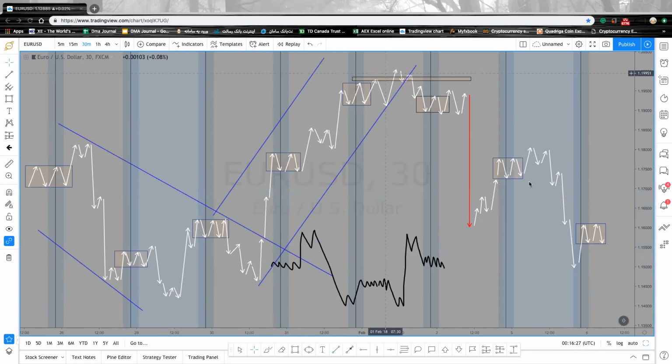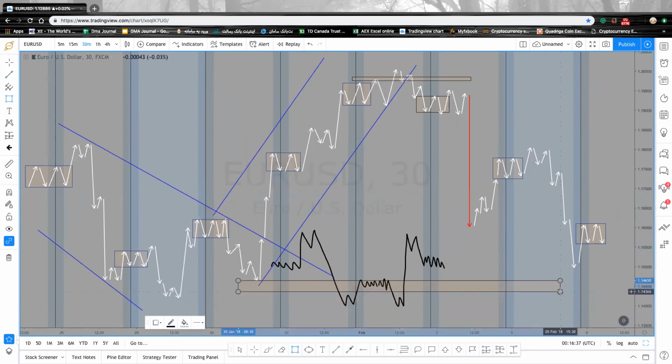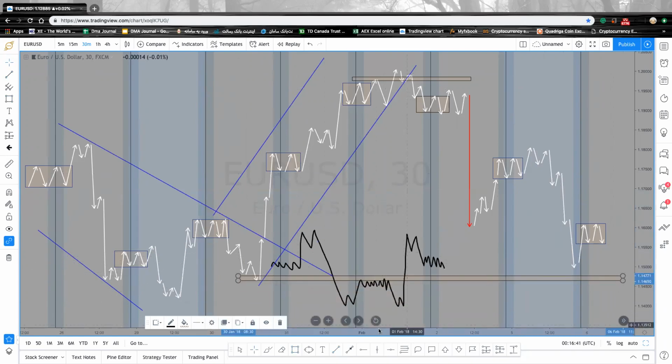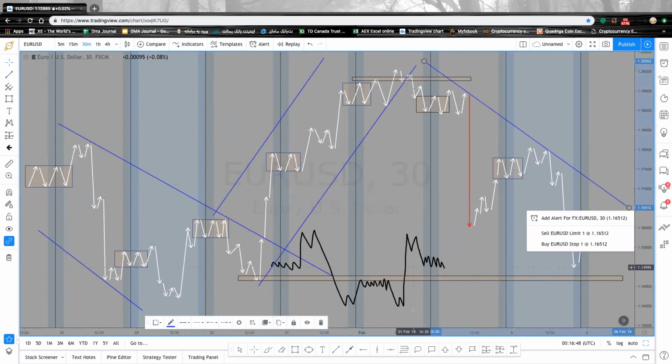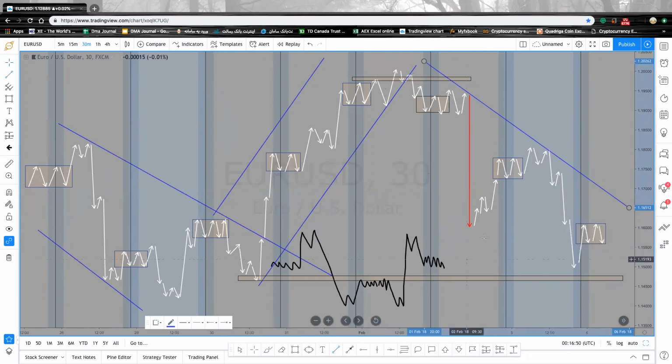So if here you see a W, you don't want to take it, because they want to come back to this low, because they want to stop hunt everybody who took trades from lower points. Plus, this trend needs to get obvious, just like the other ones, in order for the market maker to continue its work.